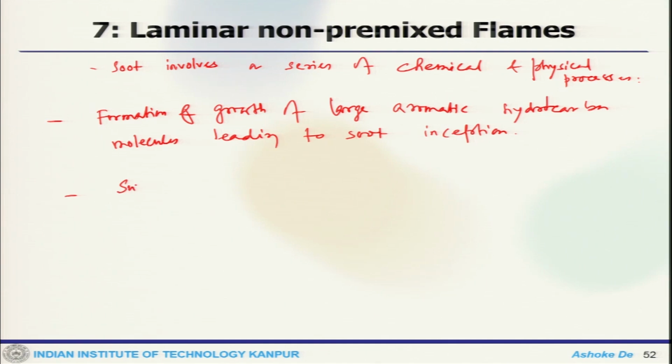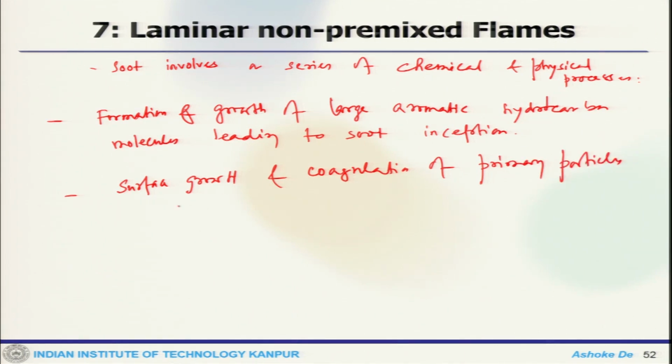Then there is surface growth and coagulation of primary particles to agglomerates. This surface growth takes place, then the particles coagulate with each other and there is agglomeration.